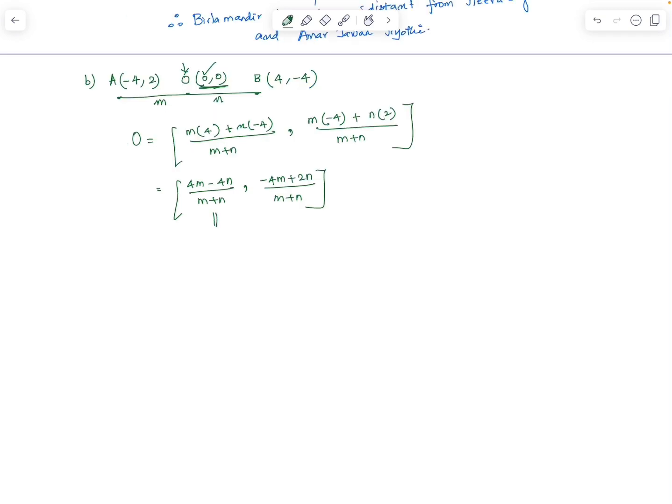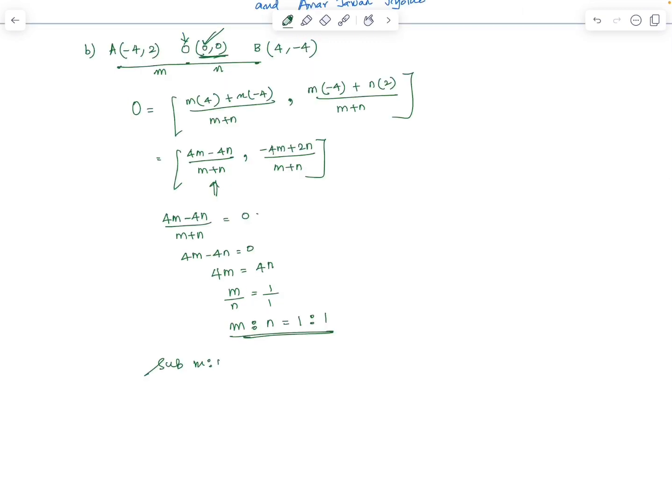As discussed already, let's take the x coordinate and equate it to 0. m by n is 1 by 1. That means m is to n is 1 is to 1.